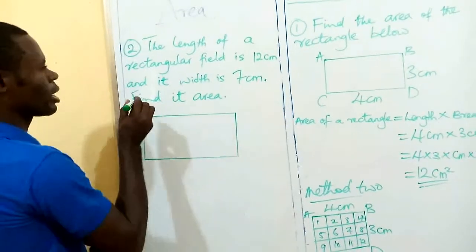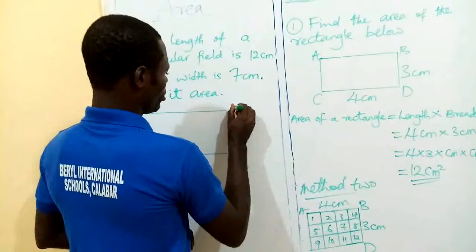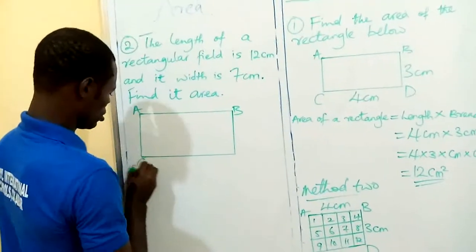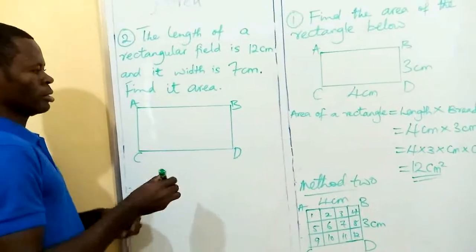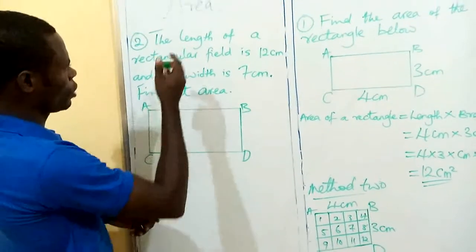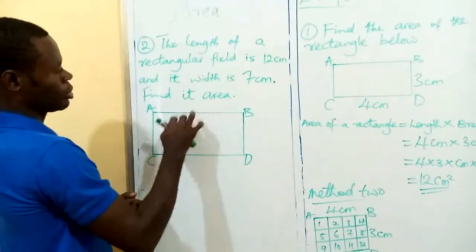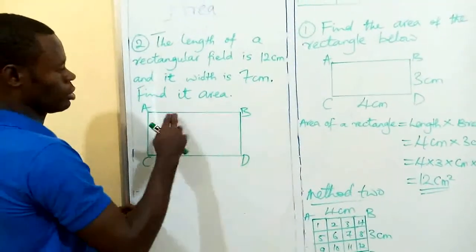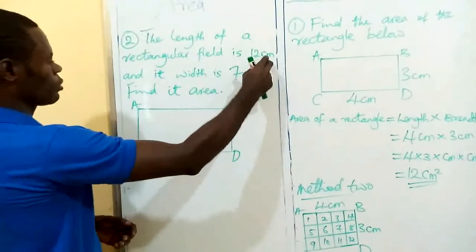So we can call it A, B, C, D. Looking at the question again, because you have to interpret it in order to get your figures, your length and your breadth. The length of a rectangular field is 12 centimeters.